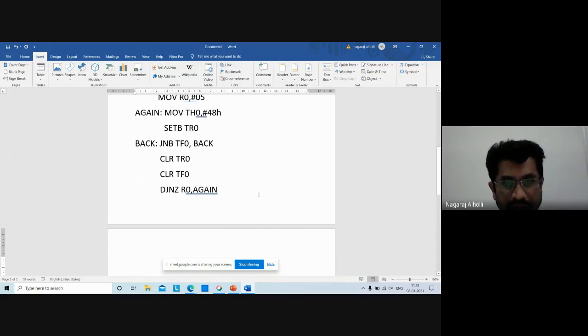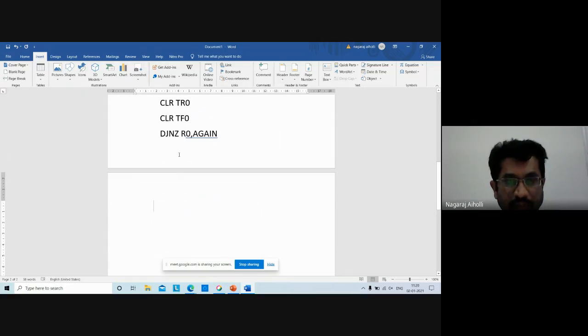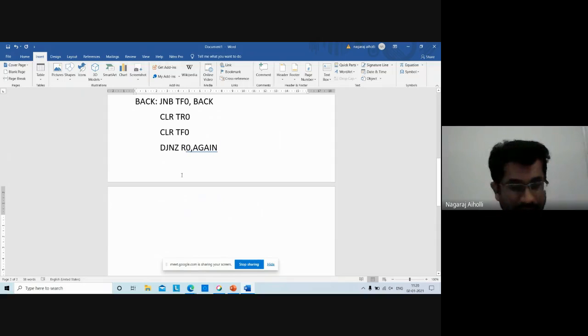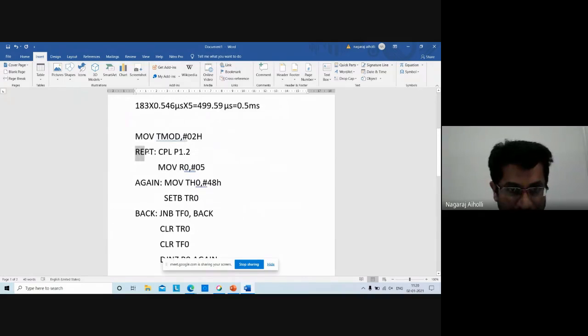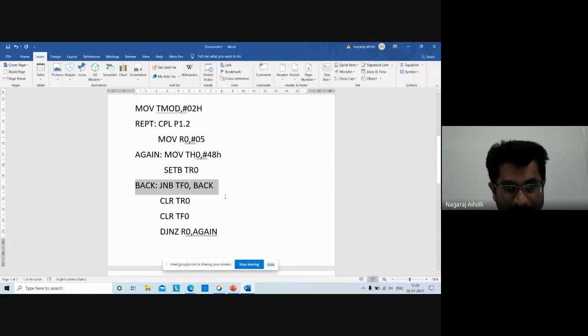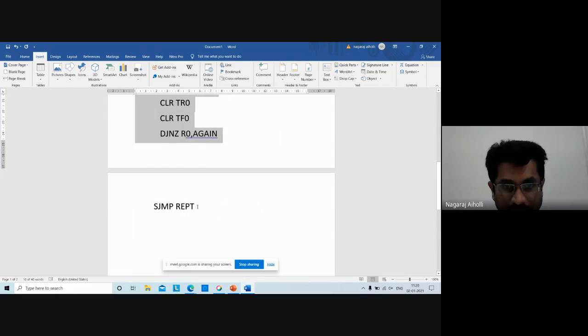Once the count becomes 0, then we have to repeat it, SJMP repeat. So it goes to repeat here. It will complement first. If it is 0, it is making 1. There is a delay given by this timer, this part of the program.